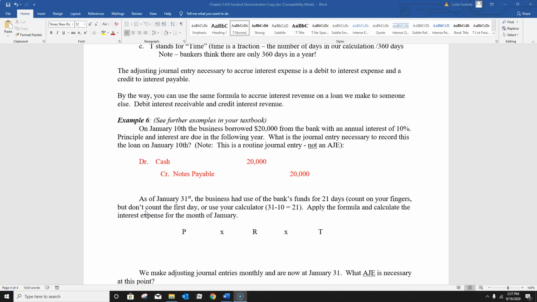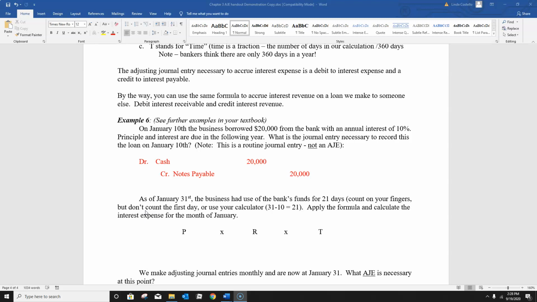The journal entry necessary to record the $20,000 note on January 10th is debit cash $20,000, credit notes payable $20,000. As of January 31st, the business had used the bank's funds for 21 days.